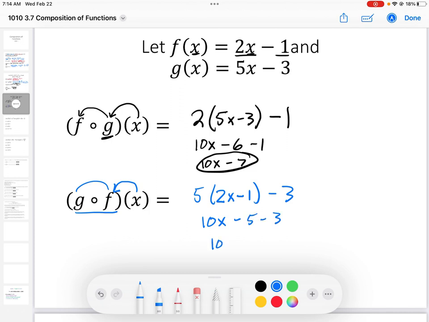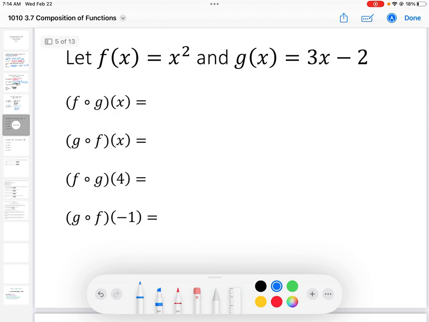And you can see that this gives you a different result as your simplified version of the function than if you did f compose g. So you do need to make sure you pay attention to the order in which the functions were listed. But basically when you compose functions, you're kind of layering the functions on top of each other.